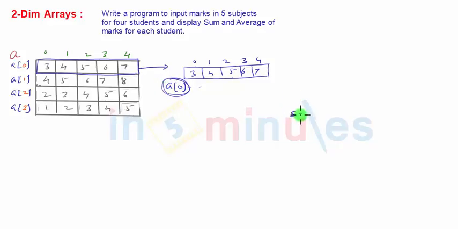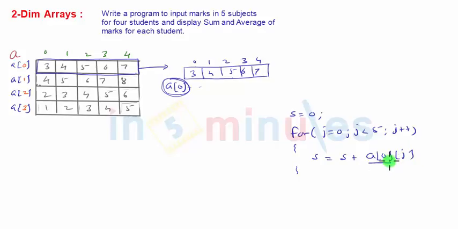What I'll do, I'll make one summation variable set to 0 and using some index variable, let's say j, going from 0 to j less than 5 with j plus plus, I'll sum all the jth elements of A0. So it will be sum is equal to sum plus jth element of A0, where A0 is the name of the row.